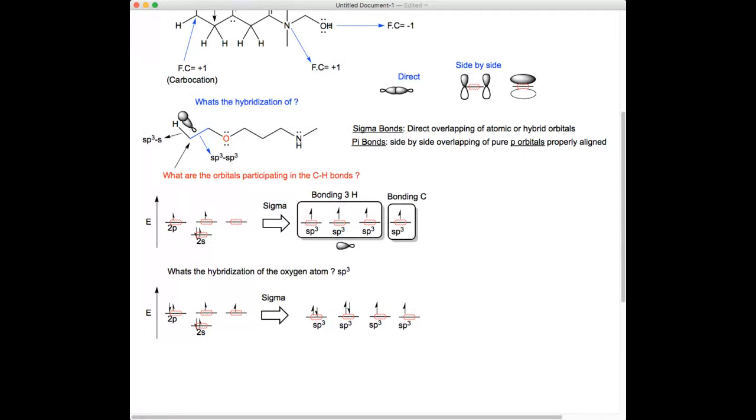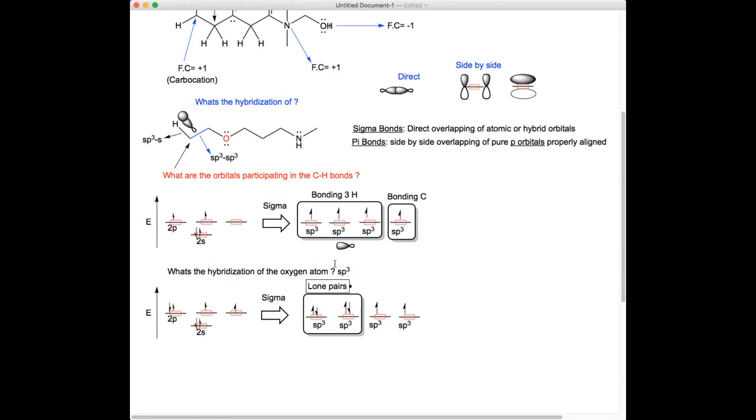So what are these 2 that are full already used for, in the oxygen atom? Look at the oxygen here in the Lewis structure. What are these 2 hybrid orbitals holding? The lone pairs.